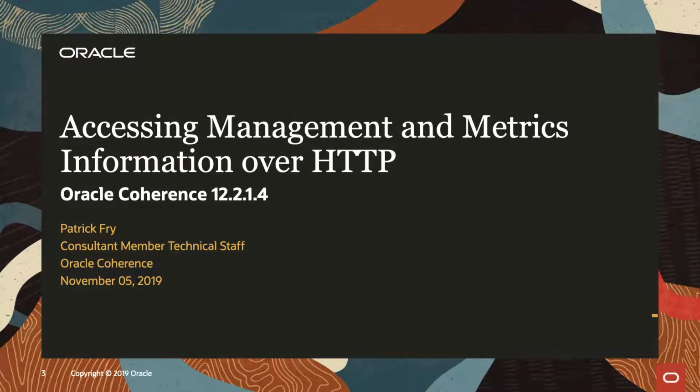I'm a member of the Oracle Coherence development team, and today I'm going to introduce two new features that were first made available in Oracle Coherence 12.2.1.4. That's management over REST and HTTP-based Coherence metrics, or Coherence metrics available over HTTP.